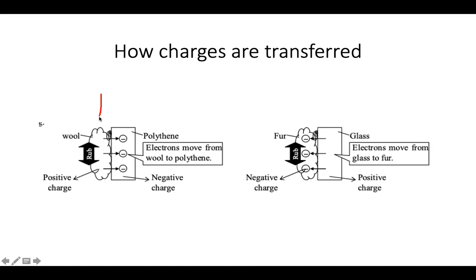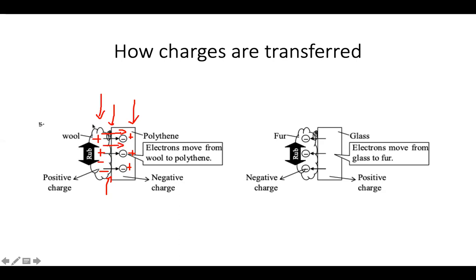So these two objects were electrically neutral from the beginning, meaning the number of positive charges in a cotton wool as well as the negative charges were equal. Same applies with the polythene rod that we have here. Now, by rubbing, that friction that we experience when two rough objects are rubbed against each other will cause a transfer of the electrons from one object to the other in the form that they have indicated.